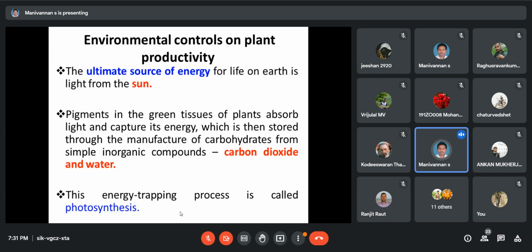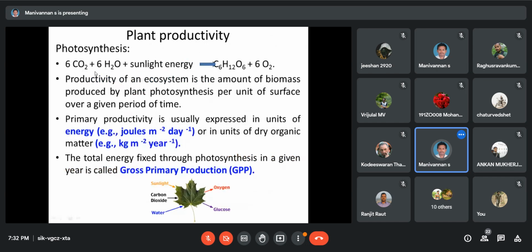I will explain again what photosynthesis is, which you have already studied. Six CO2, carbon dioxide, plus water plus sun energy produces starch, C6H12O6, and liberates oxygen molecules. That is called the photosynthetic pathway.